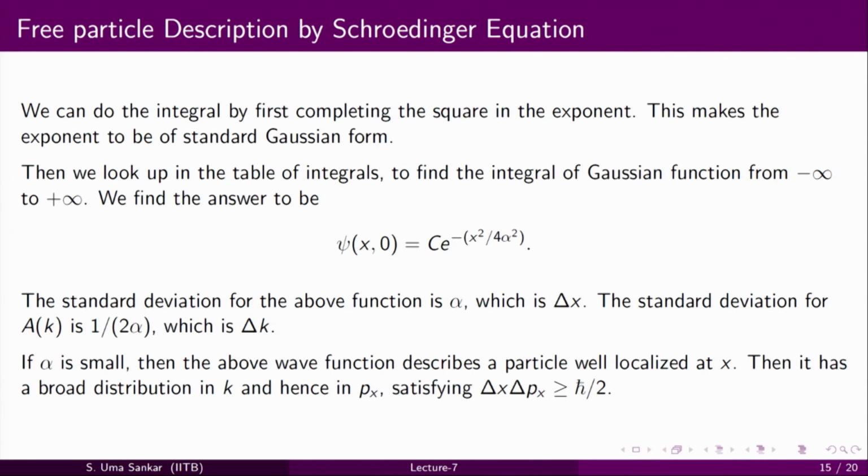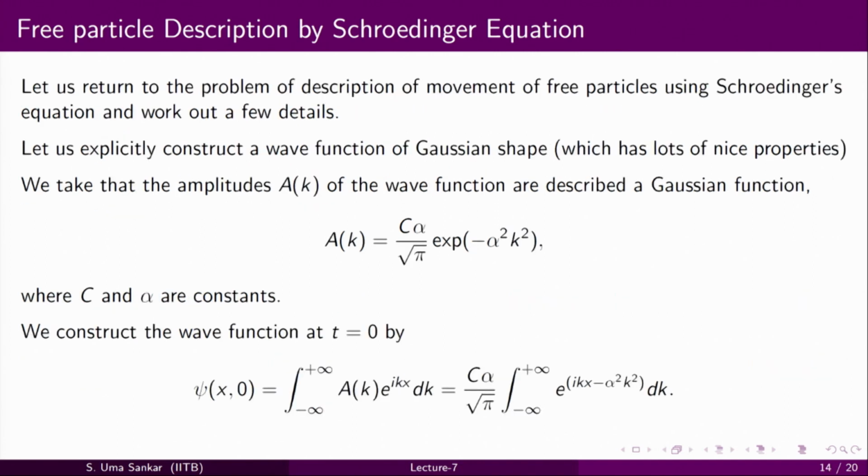So, you have the wave packet or the wave function at t equal to 0, and its spread delta x is alpha, and you can look at the A of k, which is also a Gaussian, and its spread delta k you can work out.